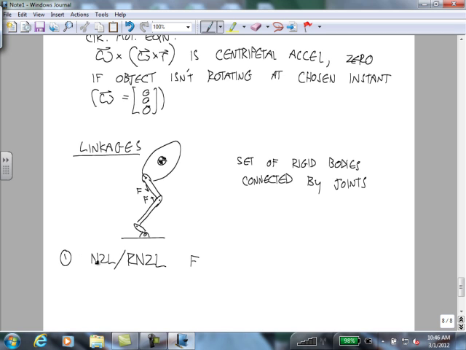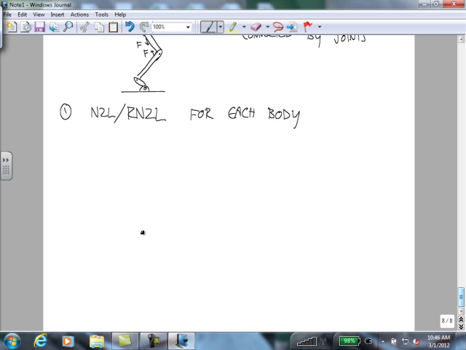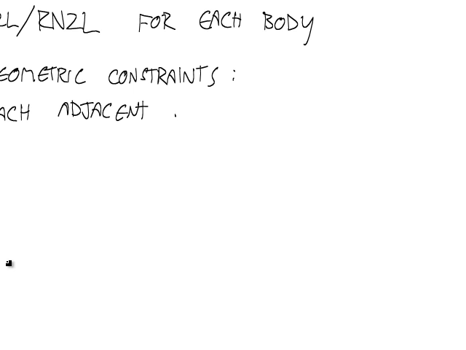And then the geometric constraints are basically each adjacent body must agree about the acceleration of a shared joint.